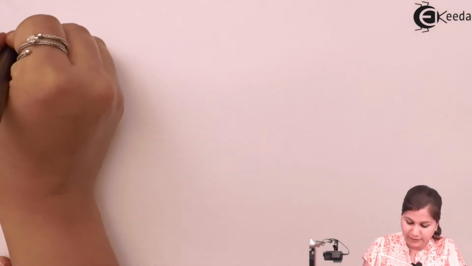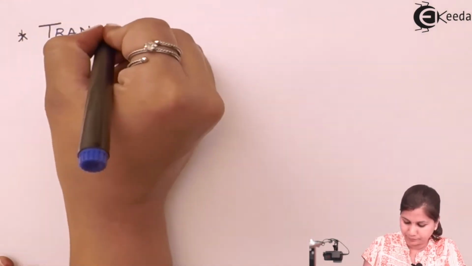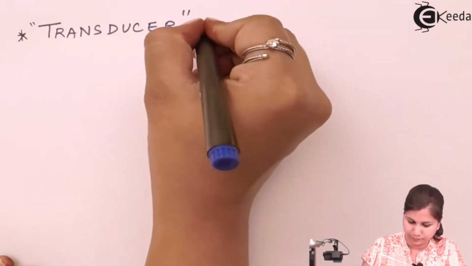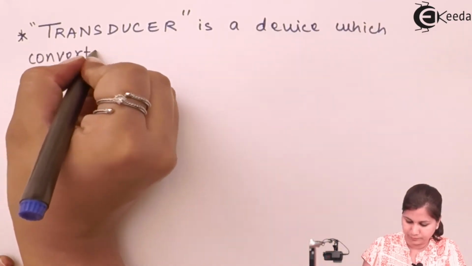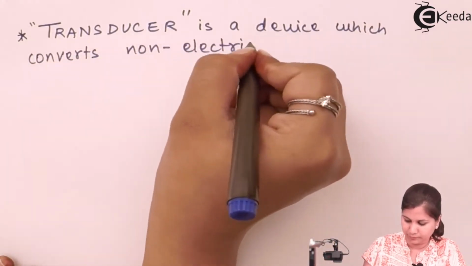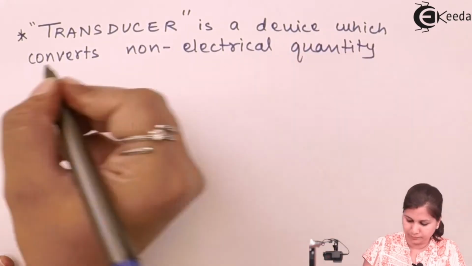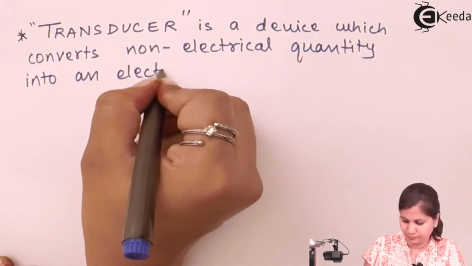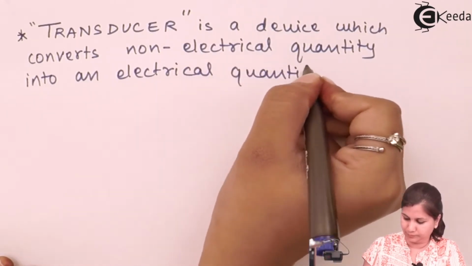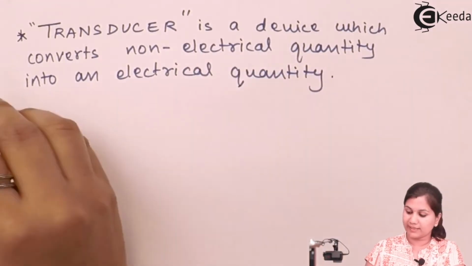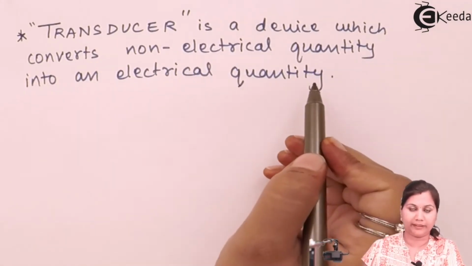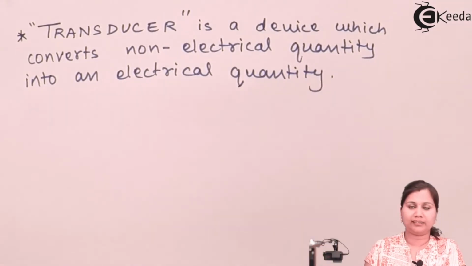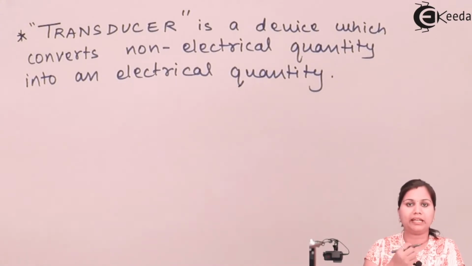So if we define a transducer, a transducer is a device which converts a non-electrical quantity into an electrical quantity. Now, we know that any form of quantity or any object has some energy in it.